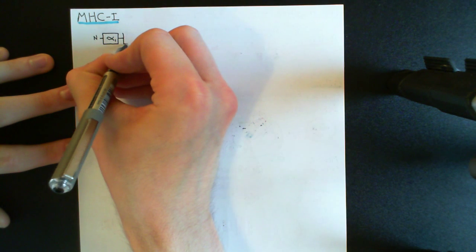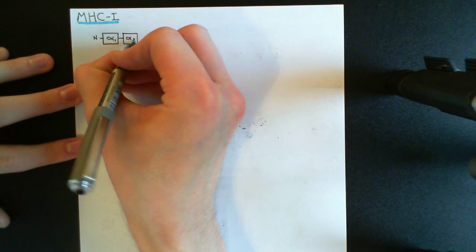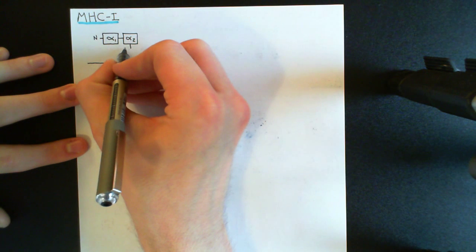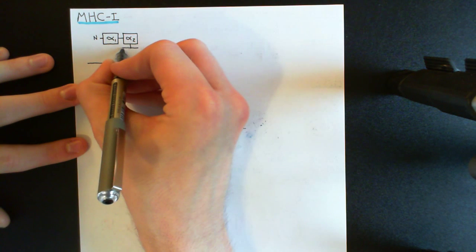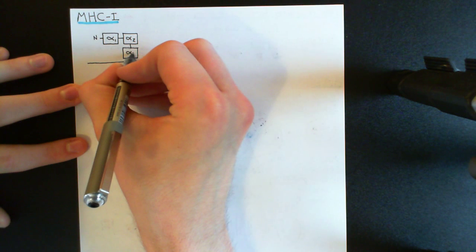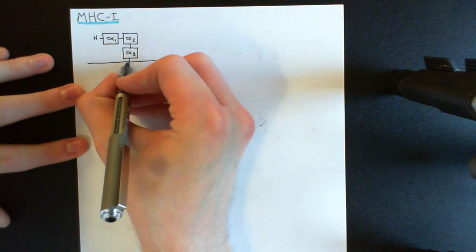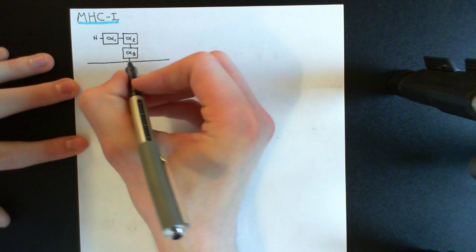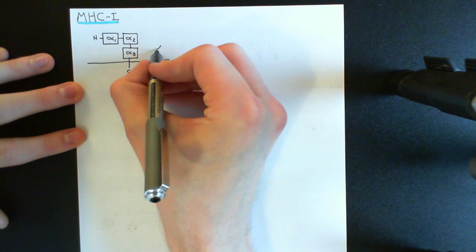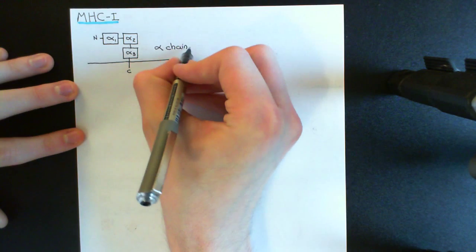Then you have a second really important domain known as the alpha 2 domain. So it's very simple naming here. Remember, this polypeptide is known as the alpha chain. And then a third important domain. All of these important domains are extracellular. This one is called the alpha 3 domain. Then you have the membrane spanning alpha helix, and then the C terminus of this alpha chain is going to be intracellular. So this is the alpha chain that's going to make up our MHC Class 1 complex.